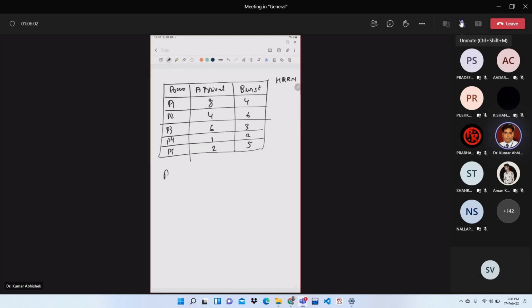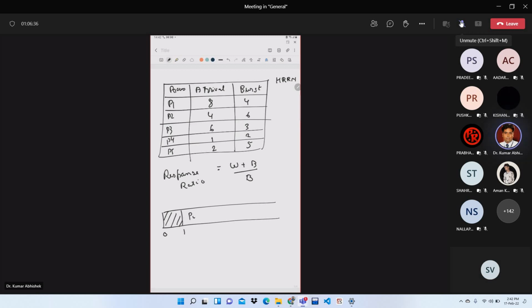So response ratio is W plus V by P. Now at 0, at 1 we have P4.